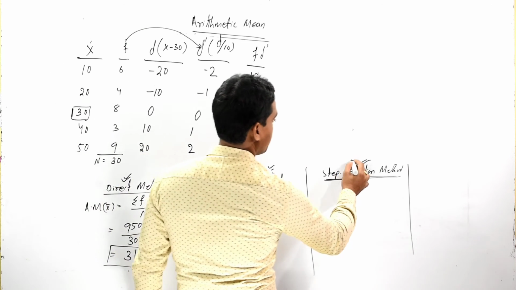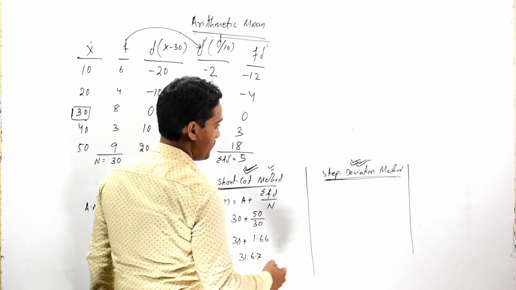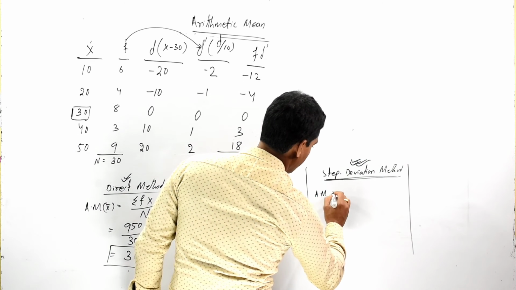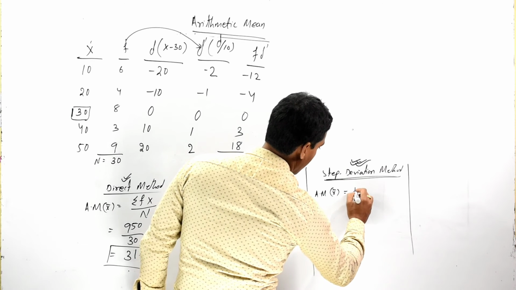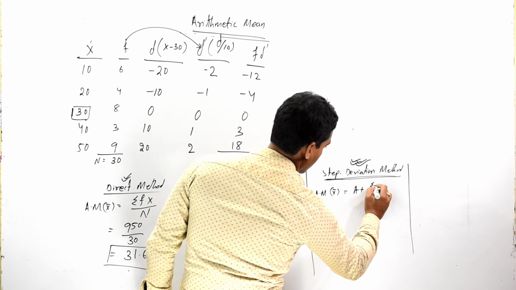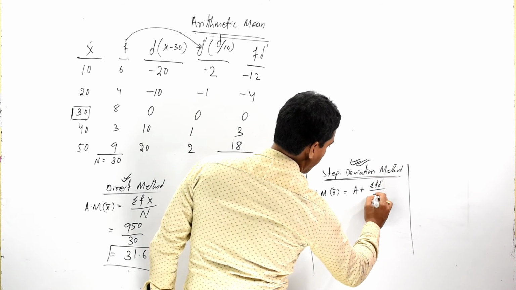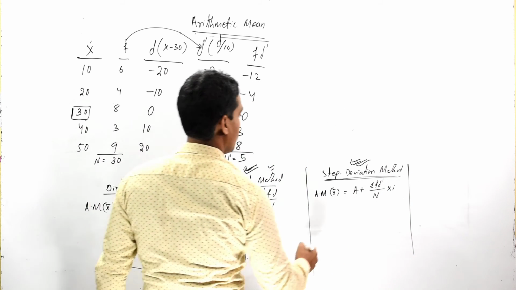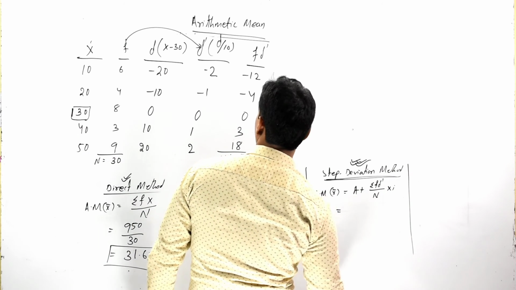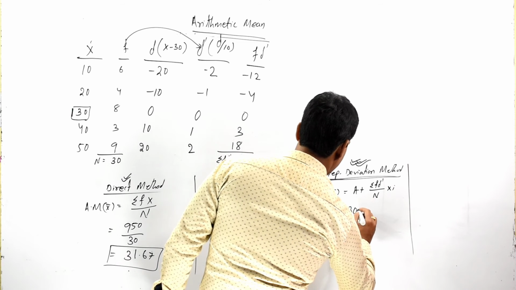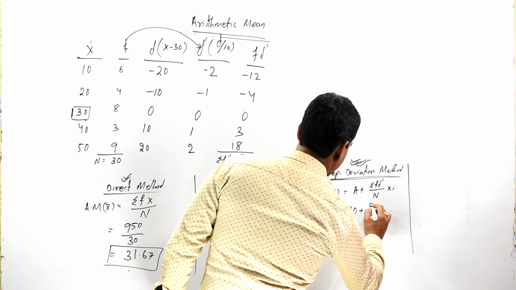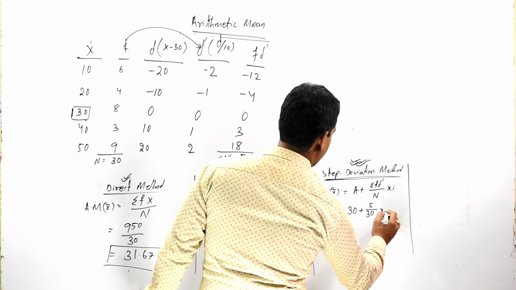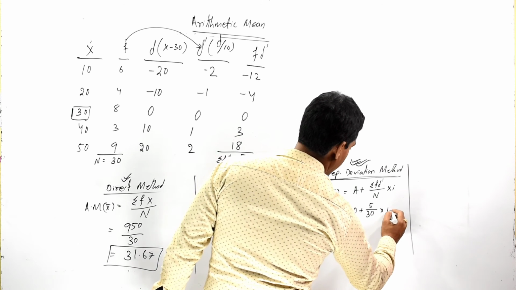The arithmetic mean under the step deviation method should be computed by using the rule, that is arithmetic mean equals a plus summation of f d dash divided by n, into i. By putting the values, that is 30 plus f d dash, which is 5, divided by n, that is 30, into i, here 10.